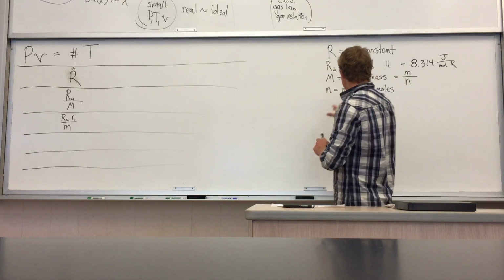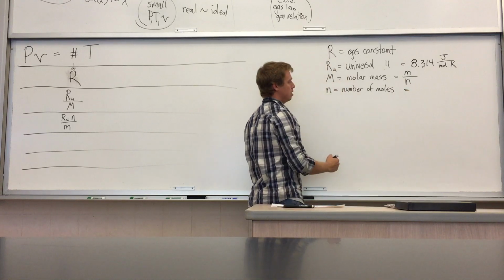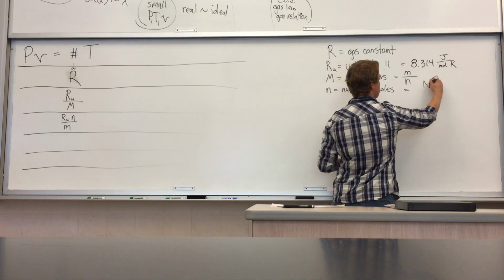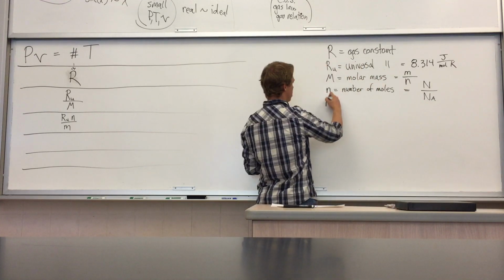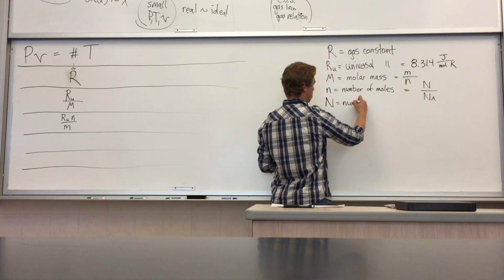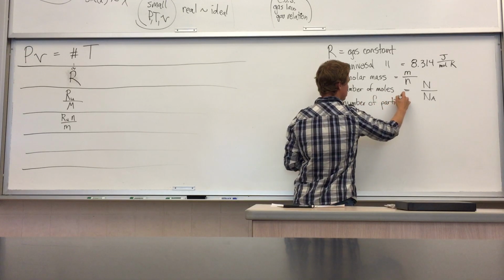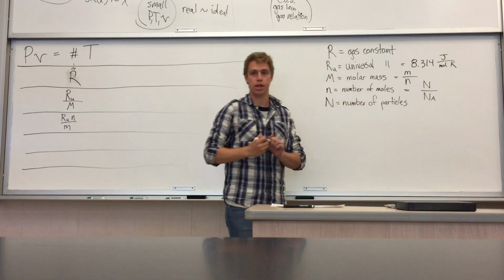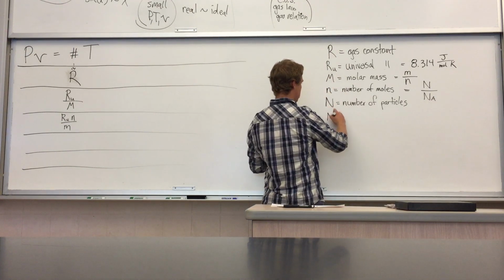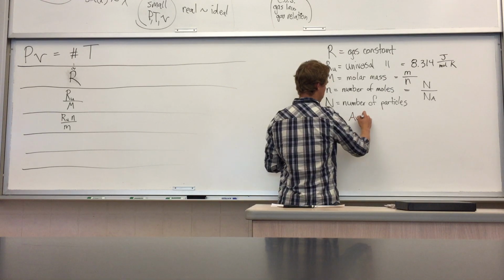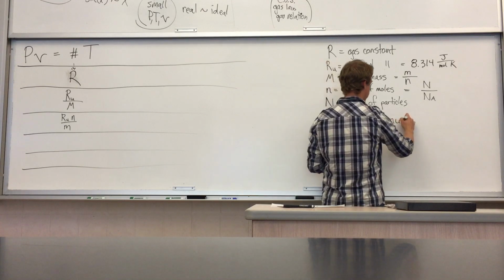So, this n, number of moles, I could equally write this as the number of particles over Avogadro's number. All right, so N is the number of particles. This is my actual things that I'm counting, like how many actual molecules are in my system, all right? And then N_A, that's Avogadro's number.